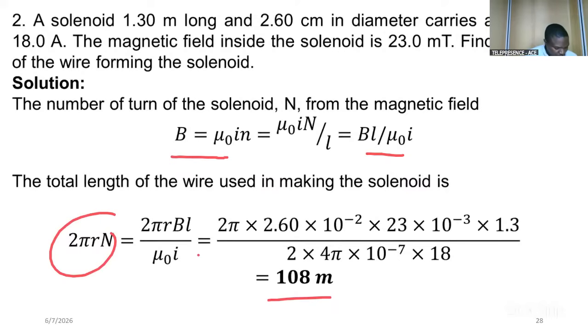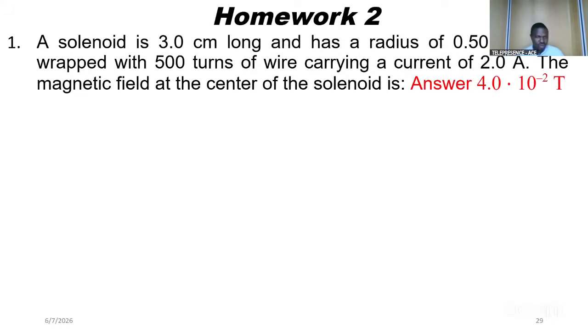Let me give you homework to practice at home. Let me just give you the hint for this homework. How many of you are following? N is not equal to this guy. But I told you that N is the number of turns per unit length.